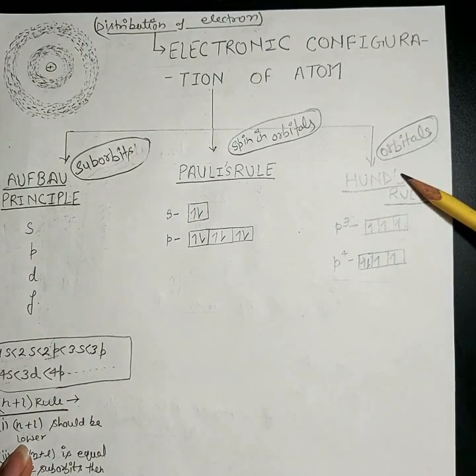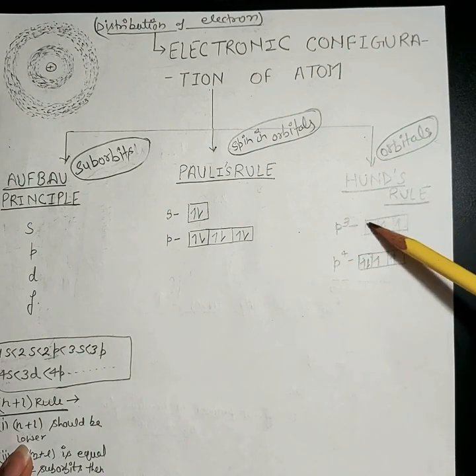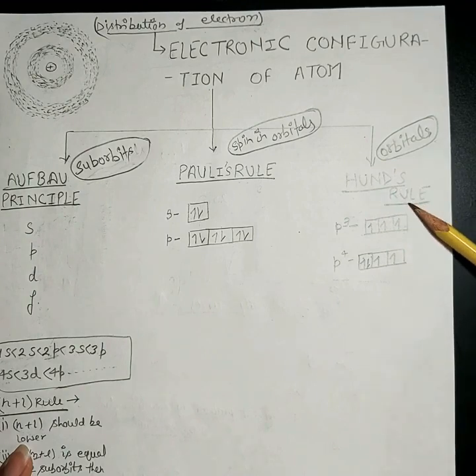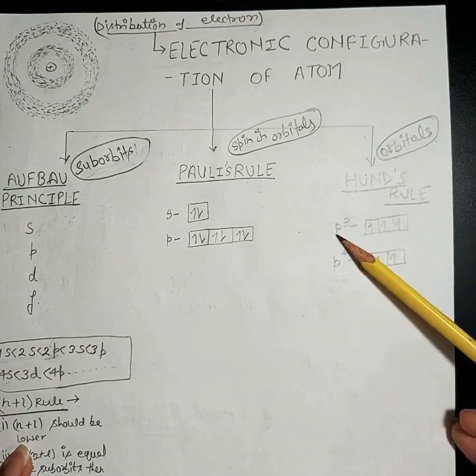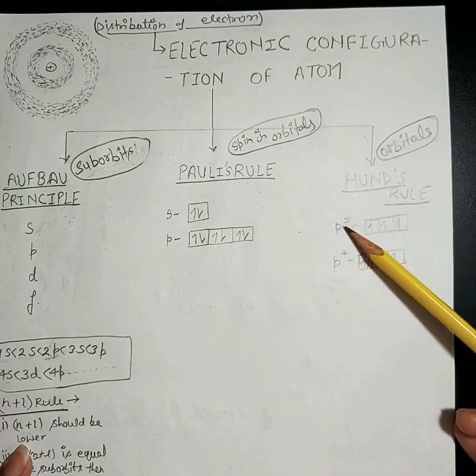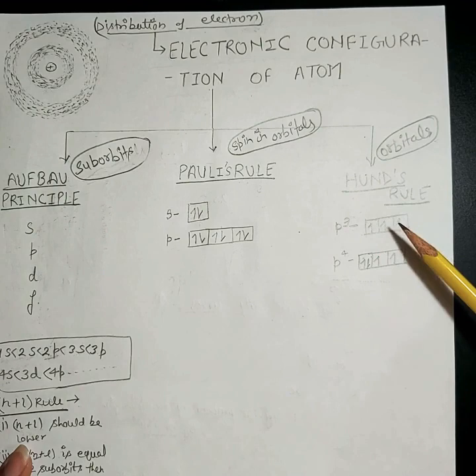Now we'll talk about Hund's rule. Hund's rule is about the filling of electrons in square boxes, in orbitals. Hund's rule says that electrons have a tendency to go into empty orbitals first. Like if we have 3 electrons in the p subshell, then they will go like this: first electron in the first orbital, second electron in the second orbital, and third electron in the third orbital.